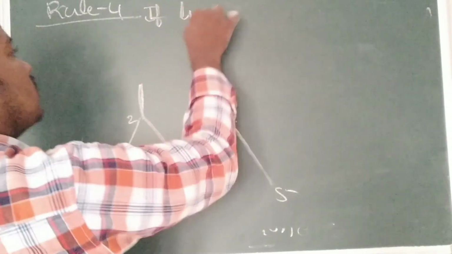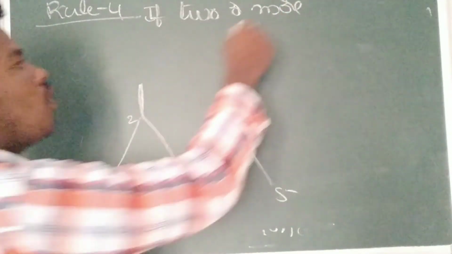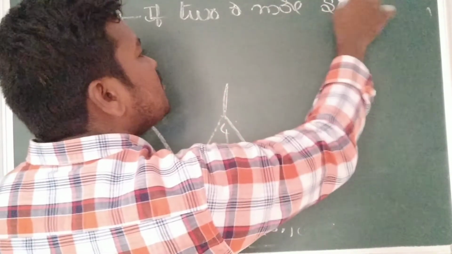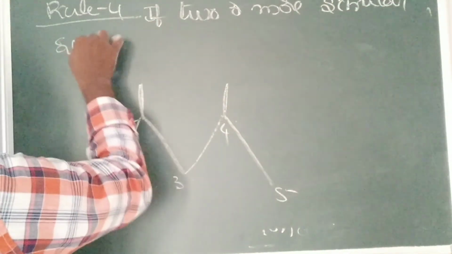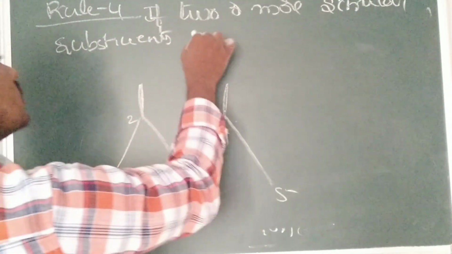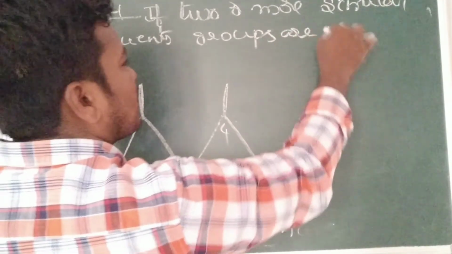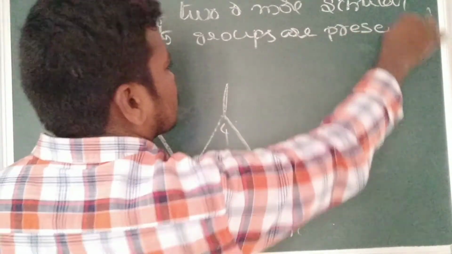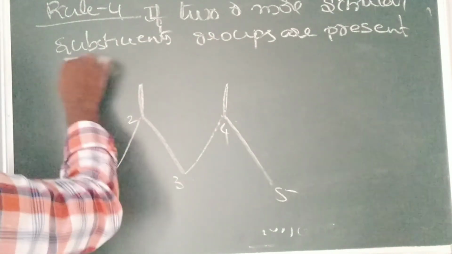If two or more, 2, 3, 4, 5, 6, whatever it may be, two or more similar substituent groups are present, the numbers are separated.